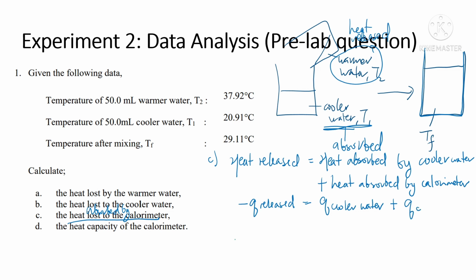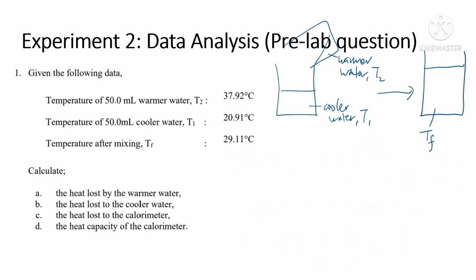Heat released by warmer water is equal to negative 1841.29 joule, while heat absorbed by the cooler water is 1713.8 joule. Then the heat absorbed by calorimeter can be calculated as 127.49 joule.